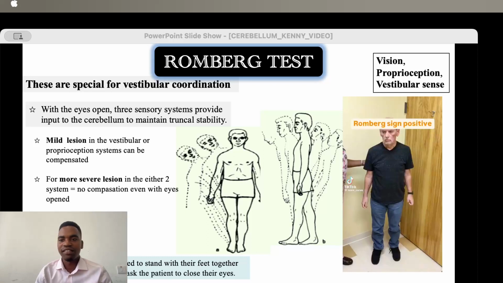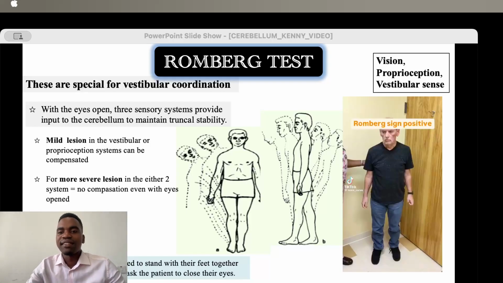I don't know if you can follow. Like if you have damage in the vestibular system, these two should be able to compensate for the missing component, which is the vestibular sense.